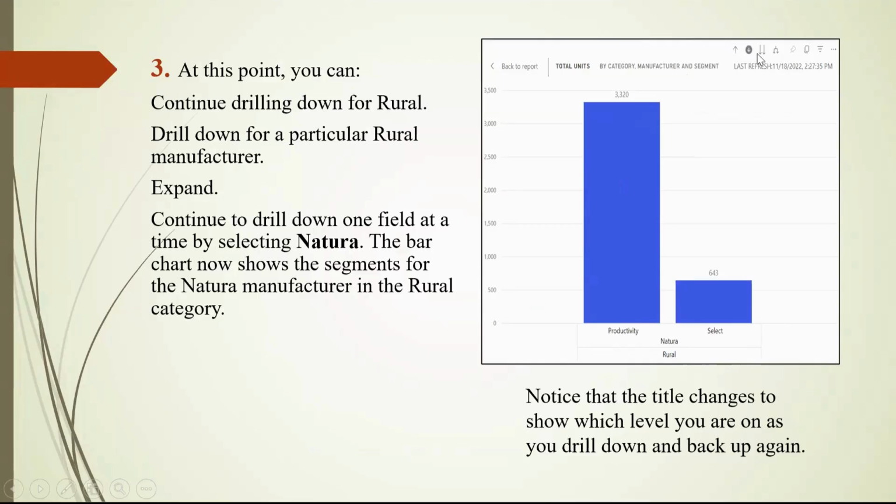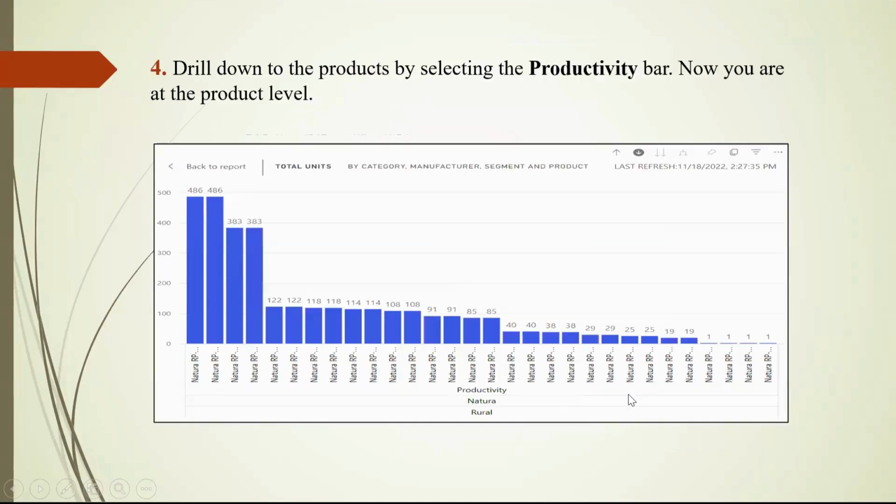Now again, by clicking on this icon, first we were on category, then we moved to the manufacturer, and then we came to the segment part where you can see rural, then the manufacturer, and then the segment. So notice these little changes. If you continue to drill down, you see that the segment changes.